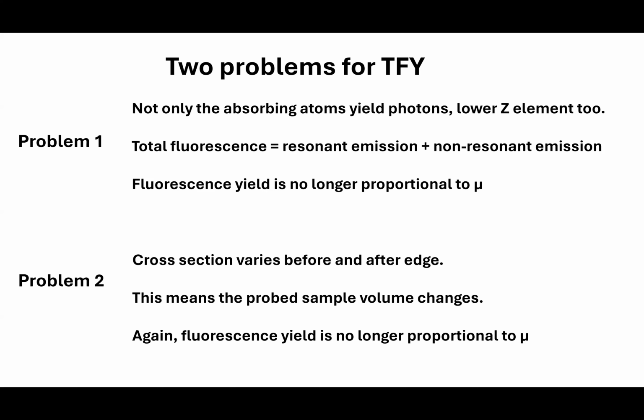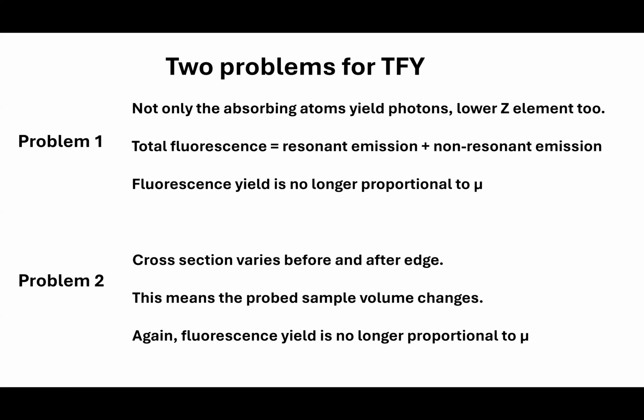Problem number two. Let's think about this measurement process. We know that the cross section of the volume that is probed really depends on the absorption coefficient. For example, if the energy is far below the absorption edge, then it is almost penetrating.